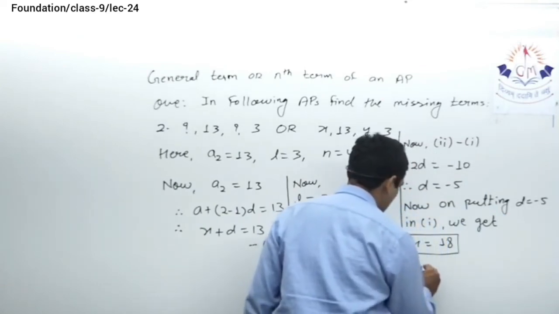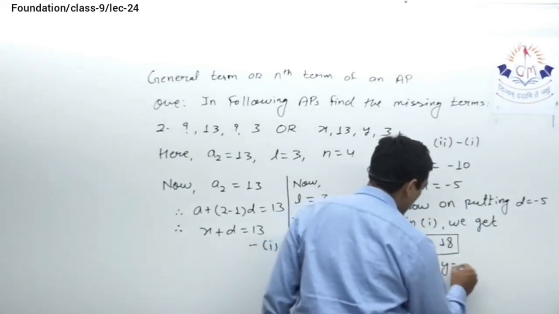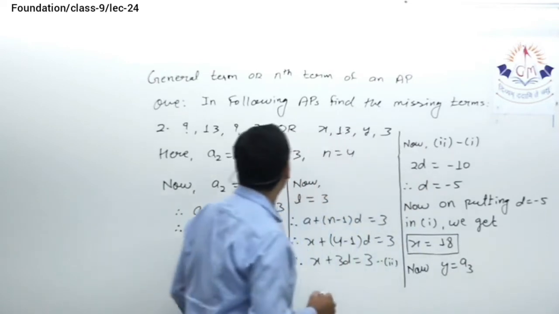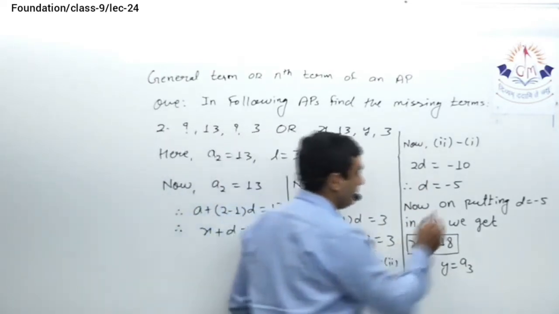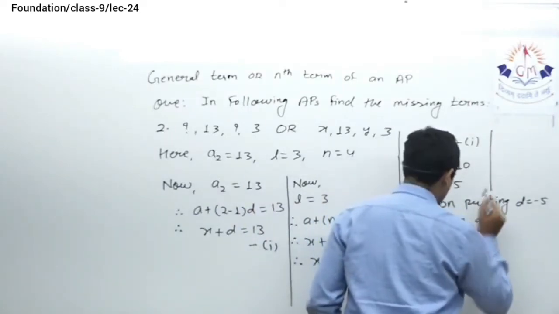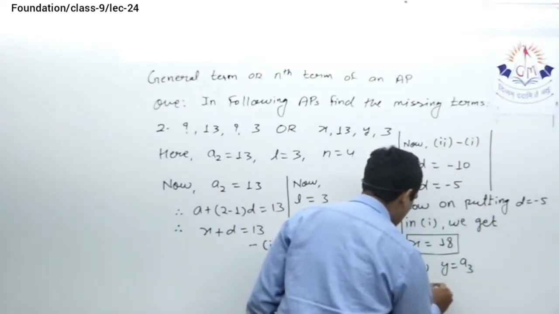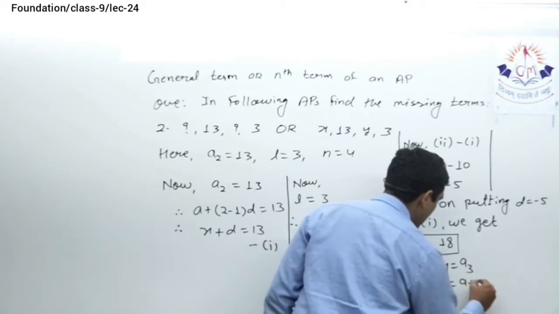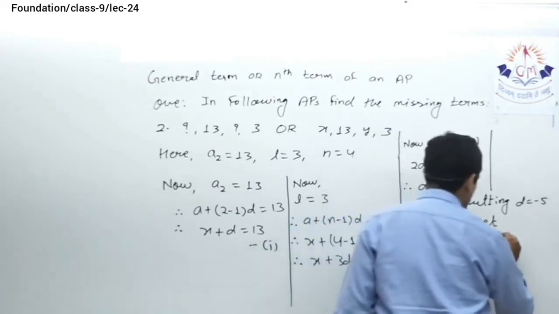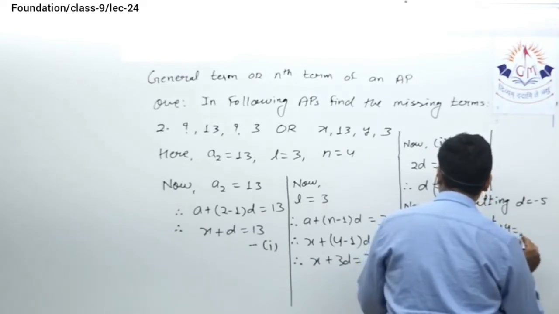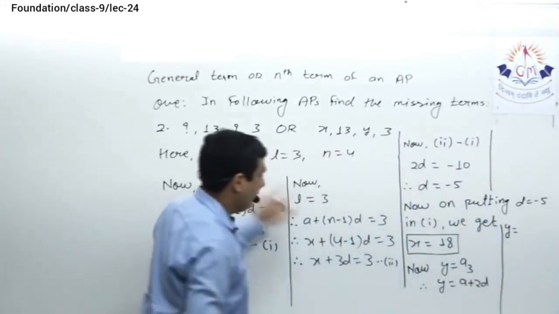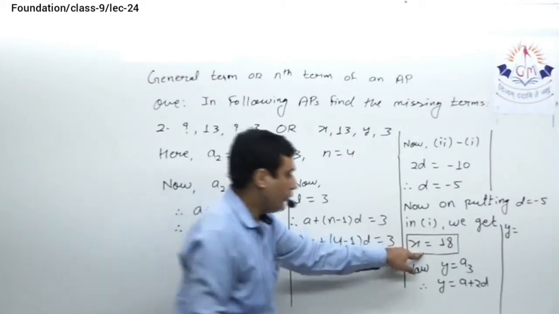Now, y is equal to a3, isn't it? This is the first term, second term and third term. So y is equal to a3, therefore I can say y is equal to a plus 2d. Now if you put the value, a is x, that is 18 we obtained over here.